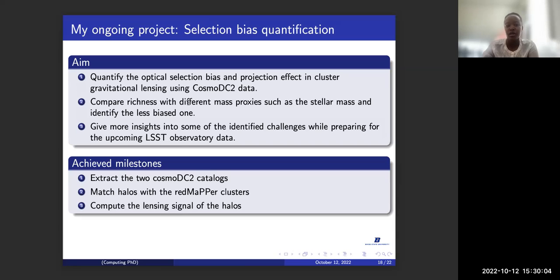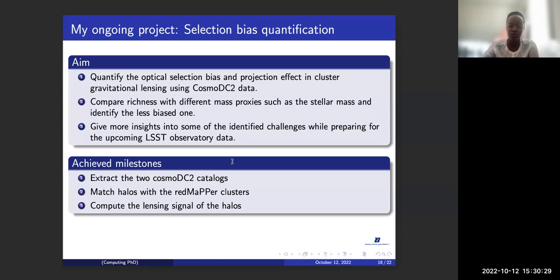So what we're trying to do now is evaluate other mass proxies to see if they will be affected the same way as the richness by the projection effect. The main goal is to offer more insights for what will be coming in future, which is the LSST observatory data.